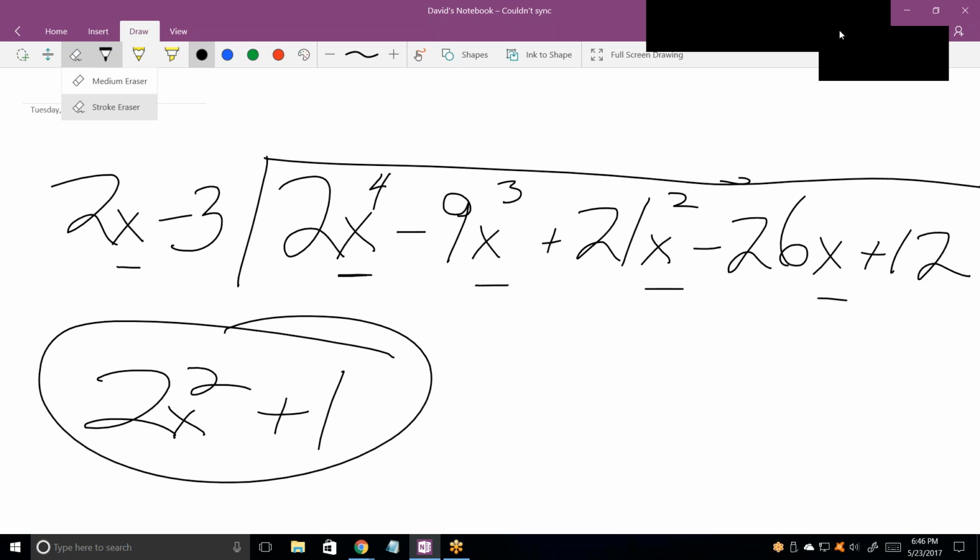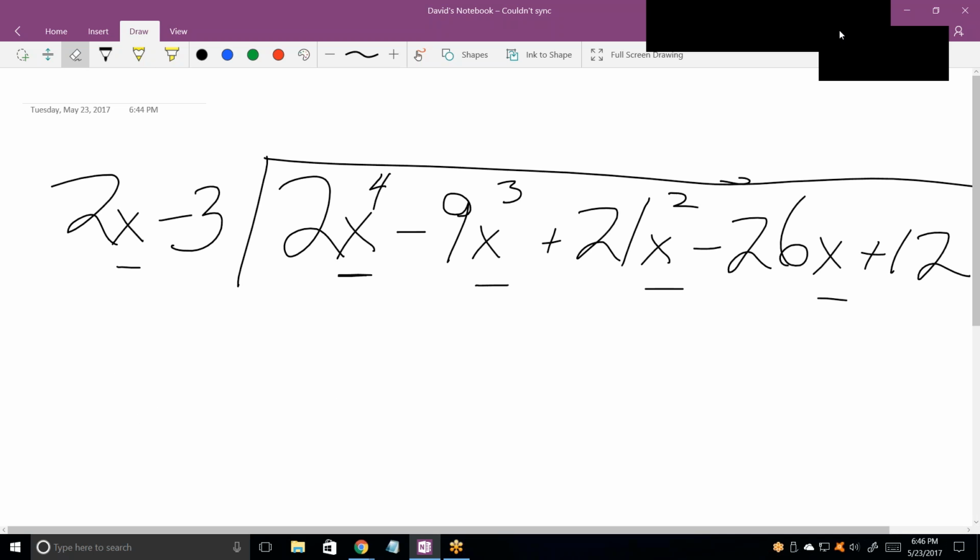That being the case, we do not need any dummy variables. If we were missing an x term in either the divisor or the dividend, we would have to put in a dummy variable. If I didn't have an x cubed term, I would make it plus 0x cubed. Okay? Now, these are not hard.